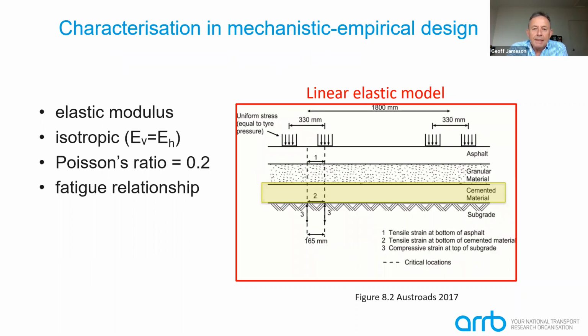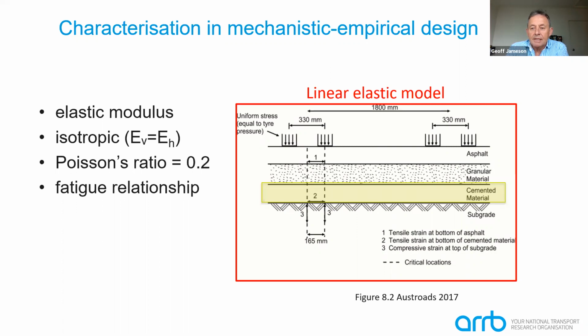In our mechanistic empirical design method, it includes a linear elastic model that we've talked about previously. To calculate strains in that model and then relate those strains to performance, we need an elastic modulus, and we need to know whether the modulus is the same in the vertical and horizontal planes.